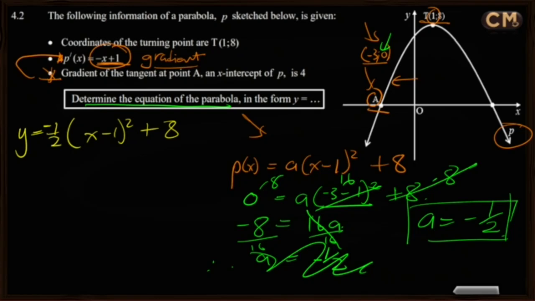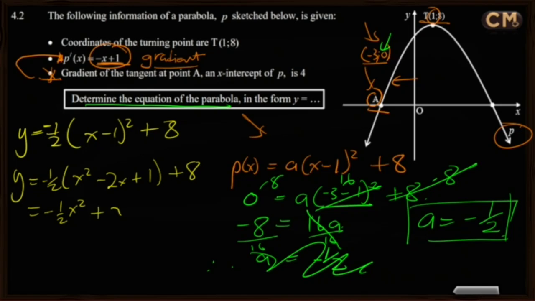So what we'll have is y is equal to negative 1 over 2 x squared minus 2x plus 1, plus 8. Multiplying all this in, we'll get minus 1 over 2 x squared plus x minus 1 over 2 plus 8, of course.